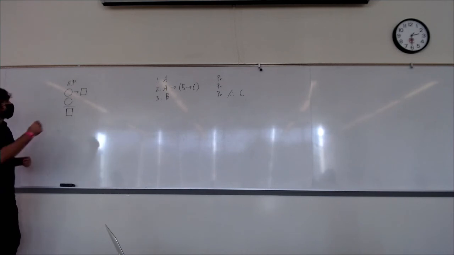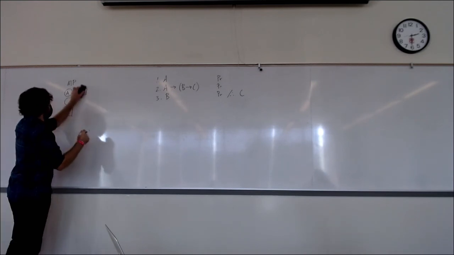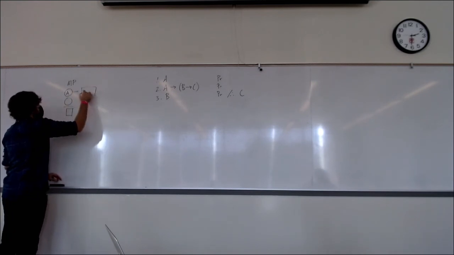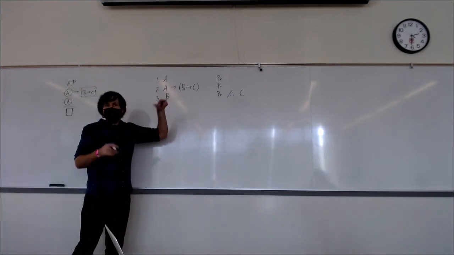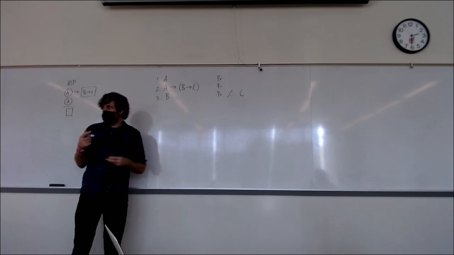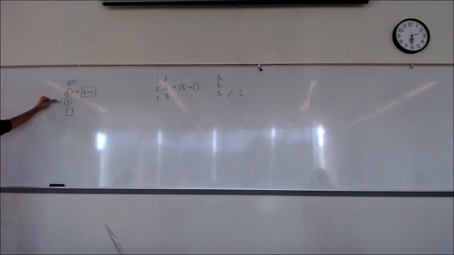So A, arrow, B arrow C, and then A. I should have made this bigger. Now, you may not have seen this. This raises another issue, because it's not in the same order. But logically, that doesn't matter.